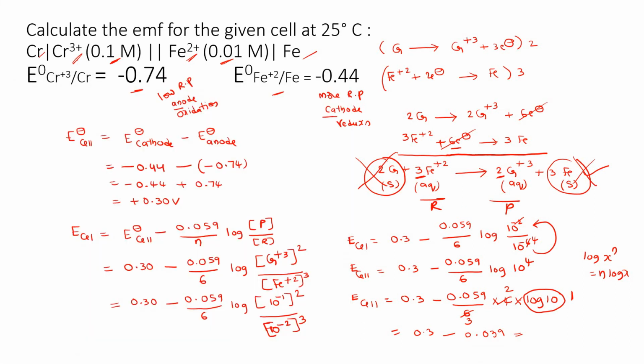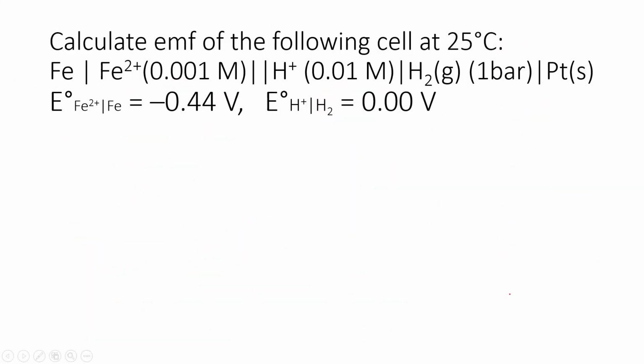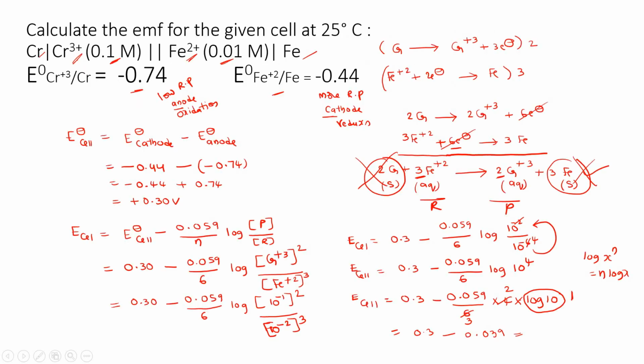This value we are going to get 0.269. Answer we are going to get 0.269 volts. This will be the answer here. In this way we have to do. Slowly if you do, definitely we can solve very simply.